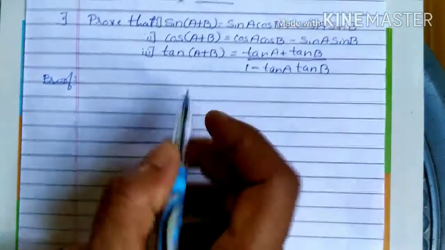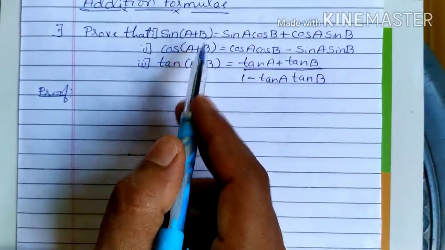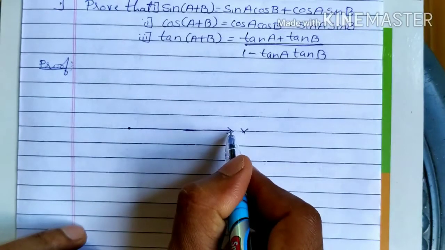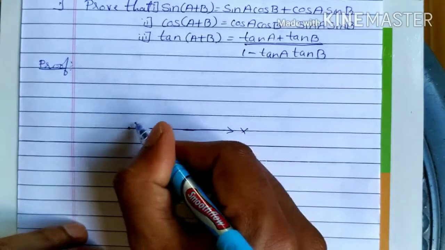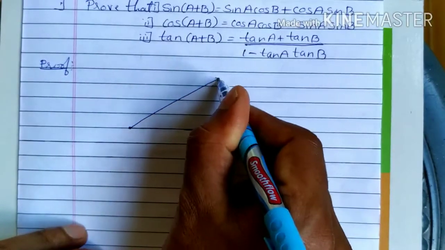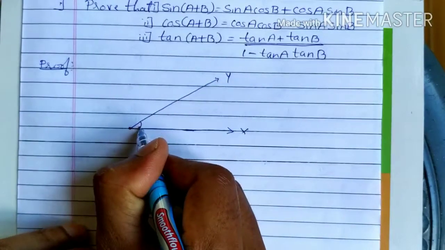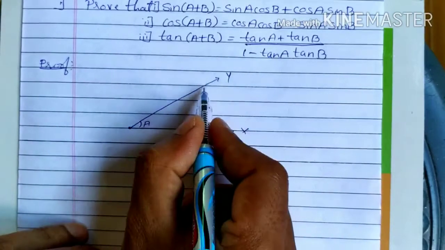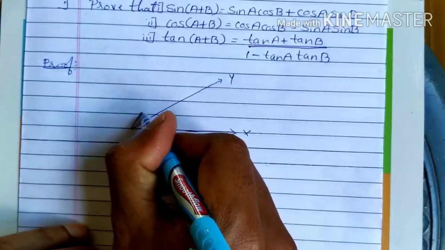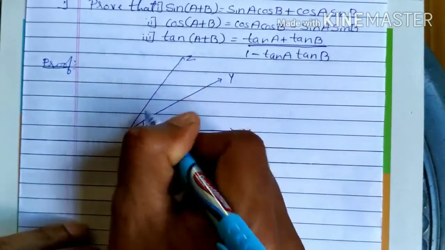Okay, let me consider angle A plus B. Suppose I consider an initial line, and it rotates to this position OY. Let me consider this angle as A, and then from this position again it reaches this one, OZ.